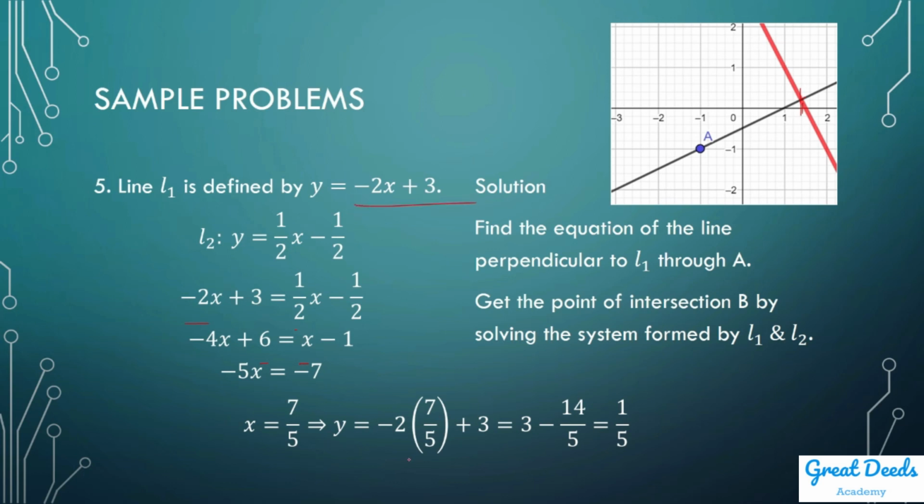The y coordinate is equal to negative 2 times 7 over 5 plus 3, which is 3 minus 14 over 5. 5 times 3 is 15, minus 14 is 1. So the y coordinate is equal to 1 over 5. The point that is nearest to A, that lies on the red line, has coordinates 1.4 and 0.2.